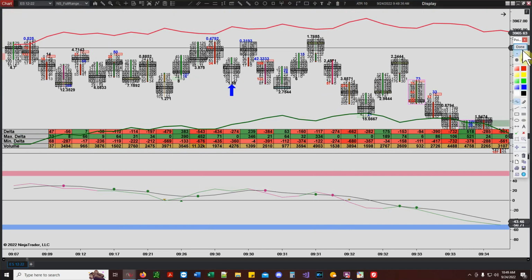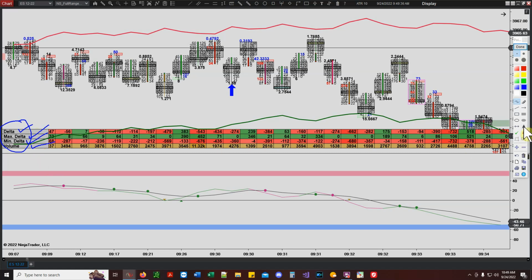Look at this right here. This is what I'm looking at when I'm looking at Mike Valtos' footprint. I'm looking at the delta, the max delta, the min delta, and the volume.